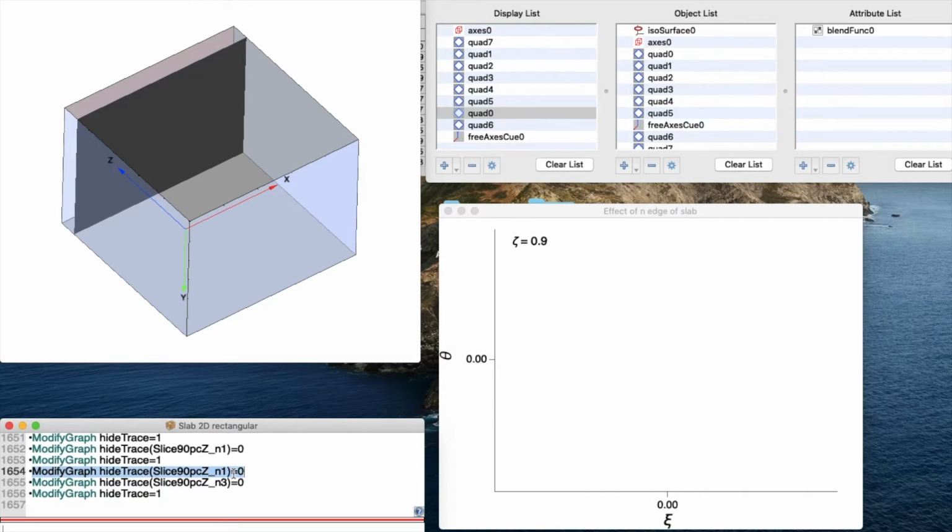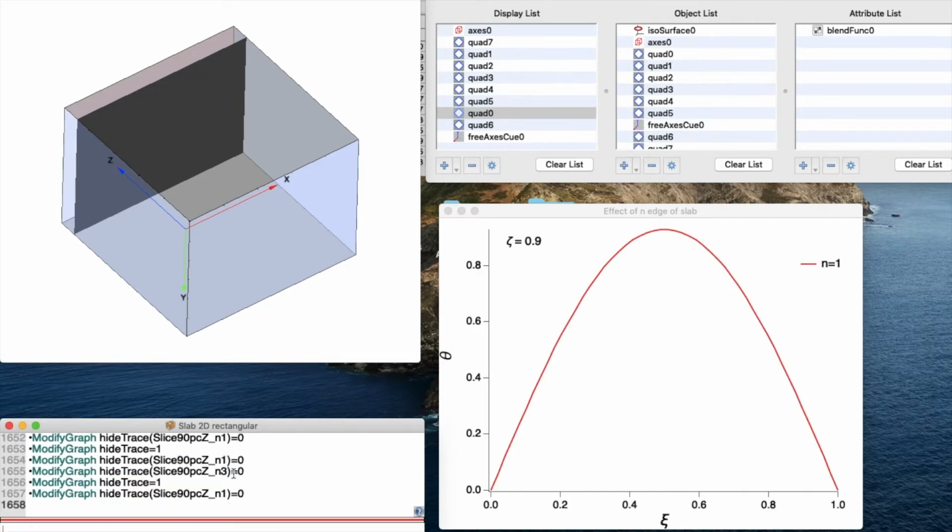So we'll start with just the first term, and that gives us a solution that looks very much like the solution we had at the midpoint, zeta equal to 0.5, except that in this case, the non-dimensional temperature is much higher because we're closer, again, to that hot interface.